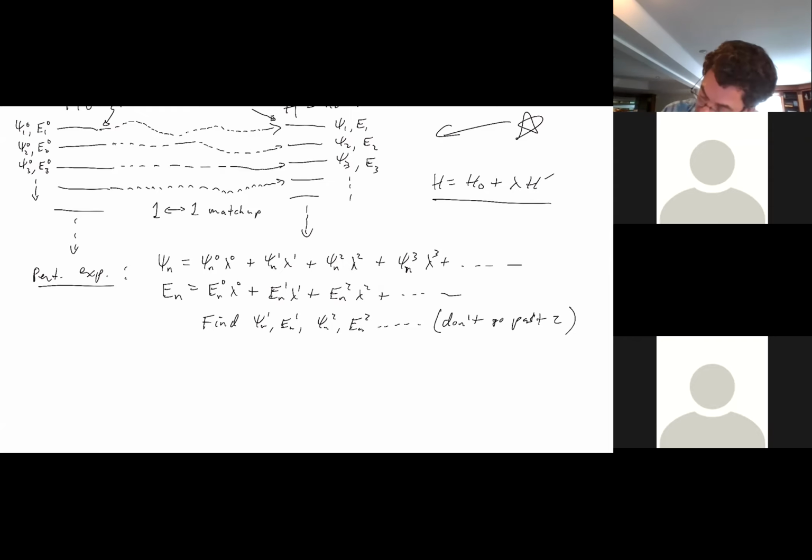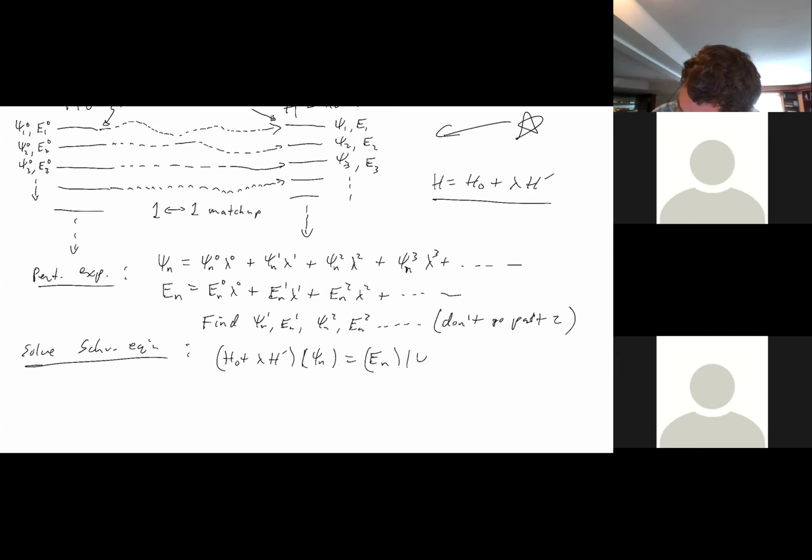To find these terms, we simply solve the Schrödinger equation. It's very easy. You just say H, which is H naught plus lambda H prime, times the wave function psi n, is equal to En times psi n.